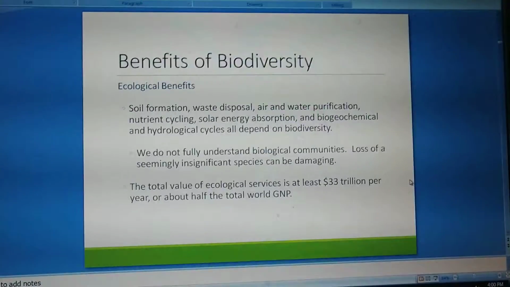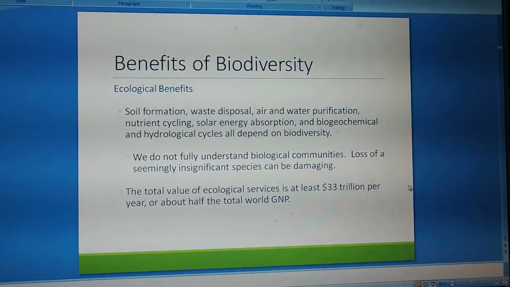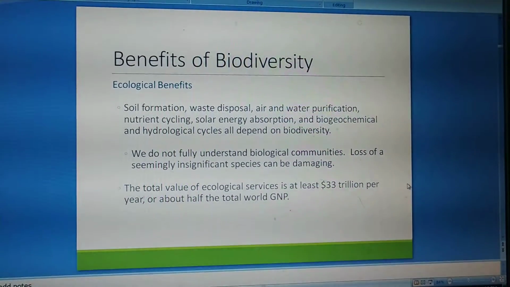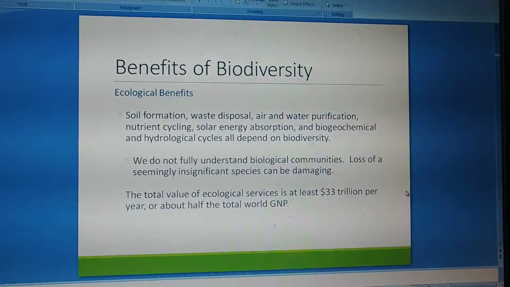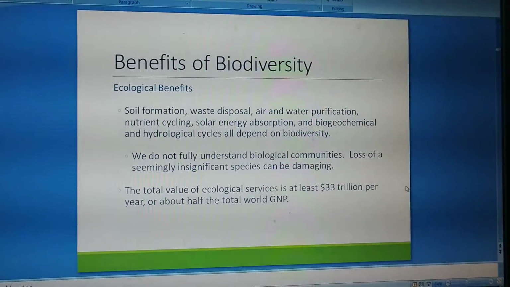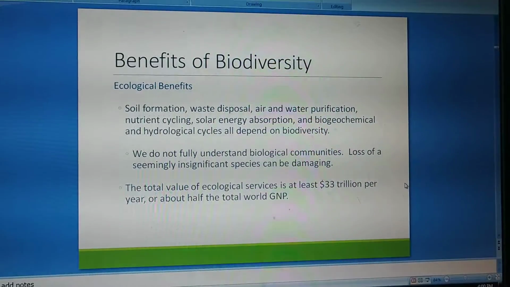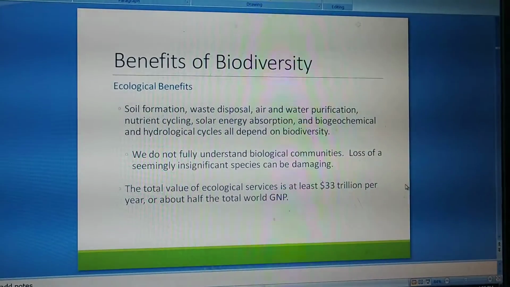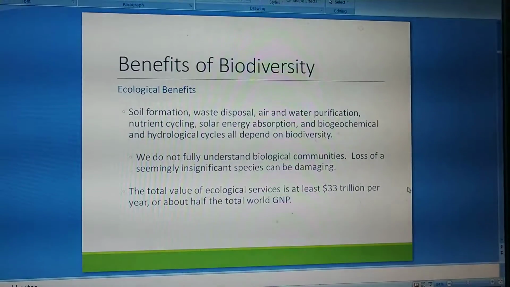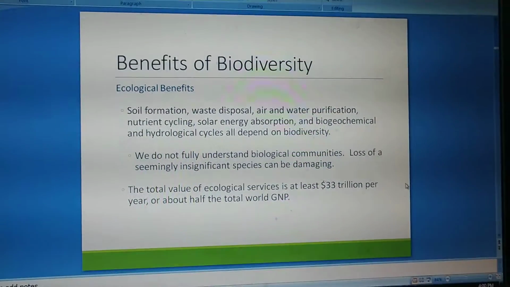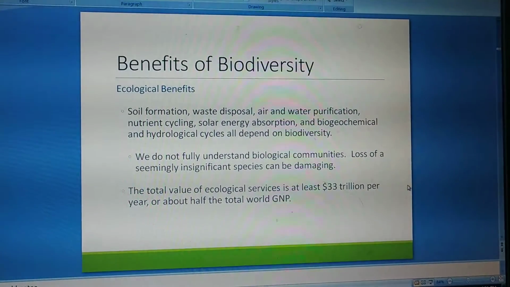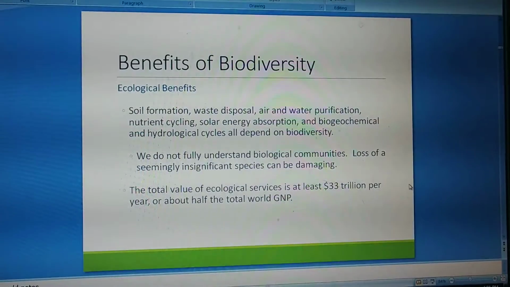Now, there are also ecological benefits to biodiversity. Things like soil formation, waste disposal, air and water purification, nutrient cycling, the absorption of sunlight, and biogeochemical processes all depend on biodiversity. We still don't have a complete understanding of how our planet works, especially in biological communities.